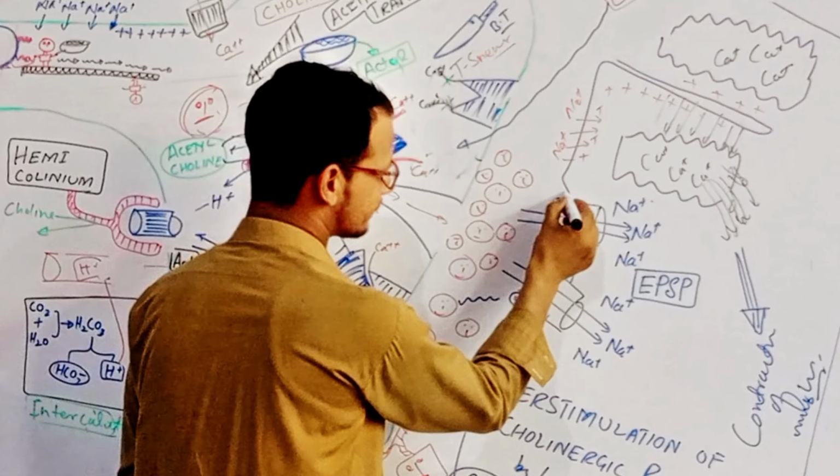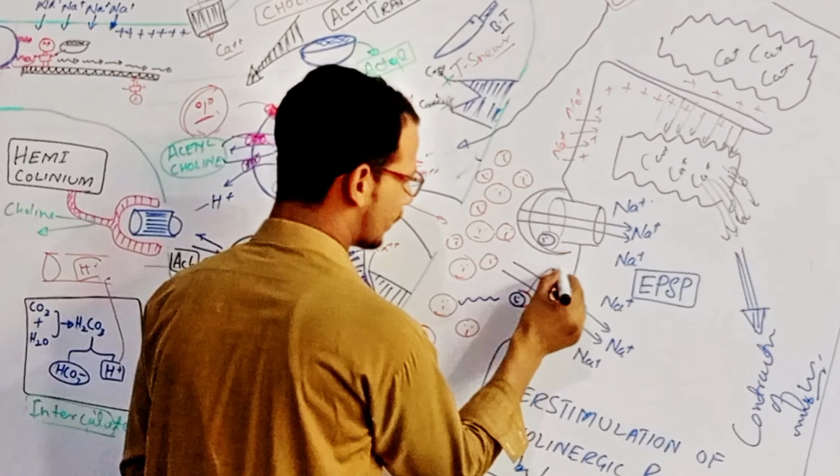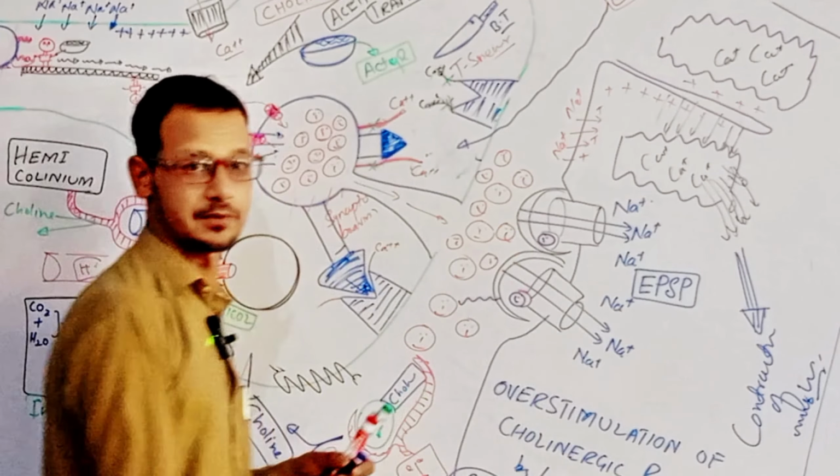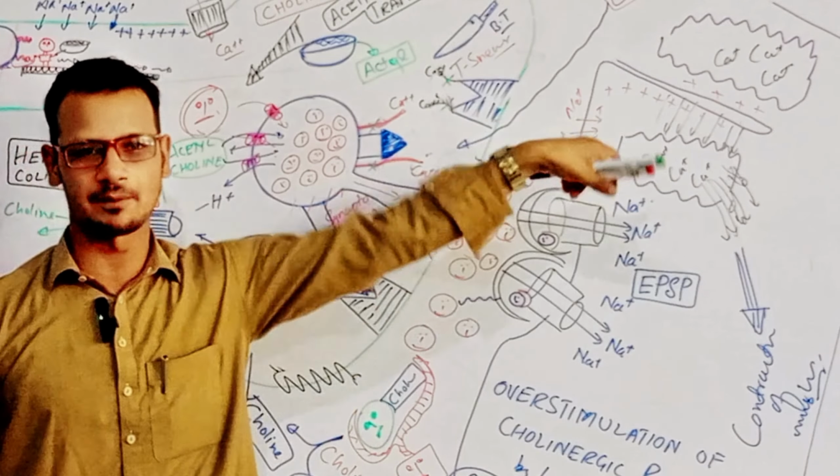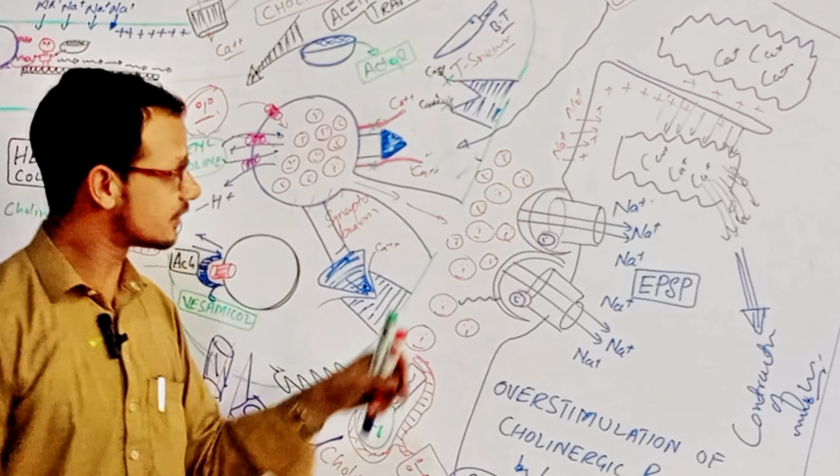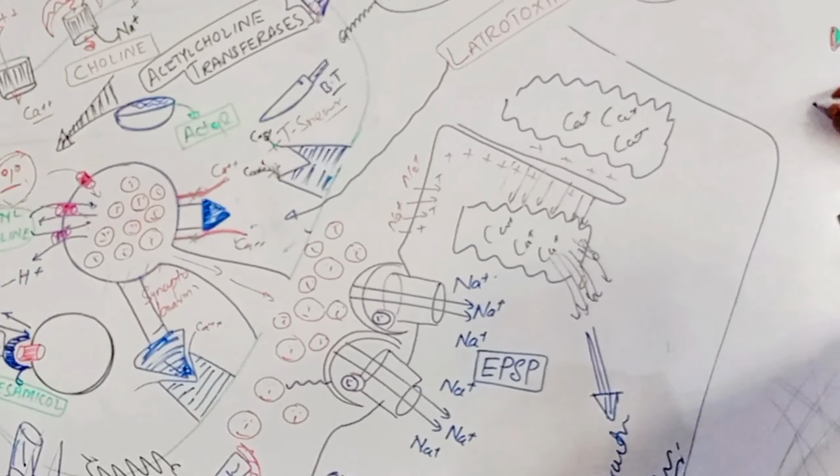For example, it blocks these nicotinic receptors which are present on the postsynaptic neurons, right? This is the drug.